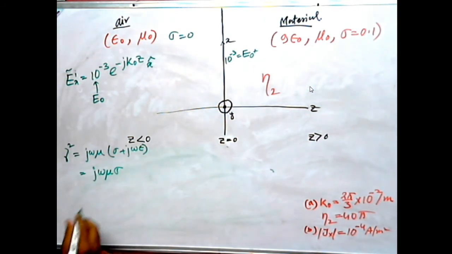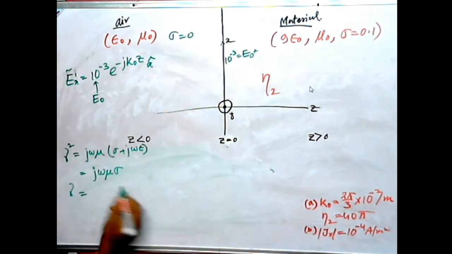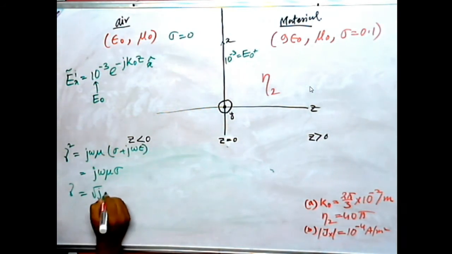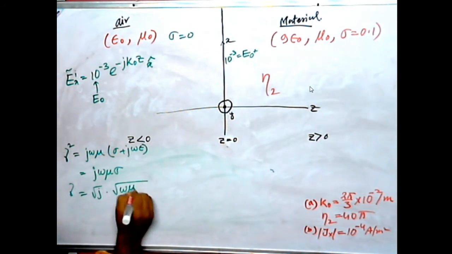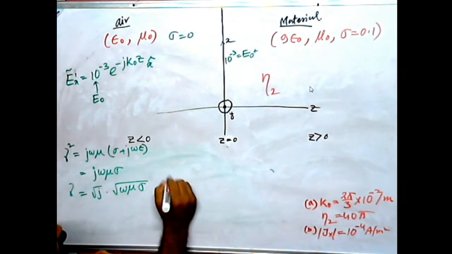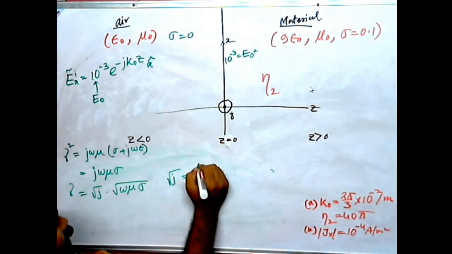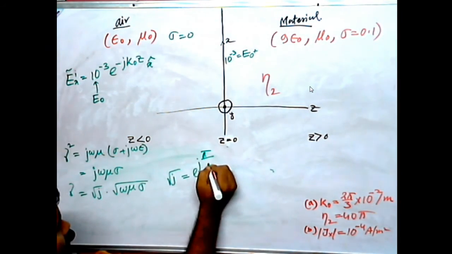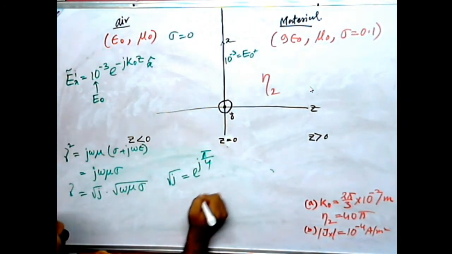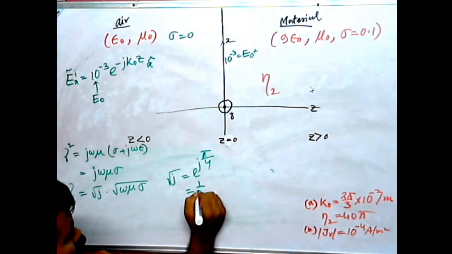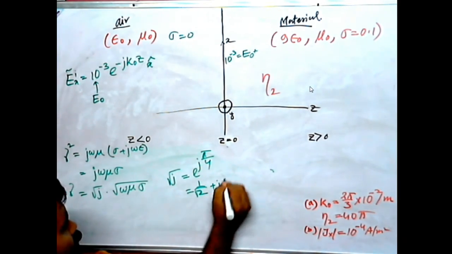And what is gamma? Gamma is under root j into under root omega mu sigma. And what is under root j? It's a simple thing, you can easily remember. This is e to the power j pi by 2 into half, that is pi by 4. So this is 1 by root 2 plus j 1 by root 2.